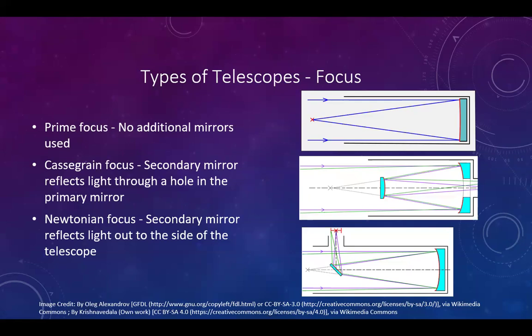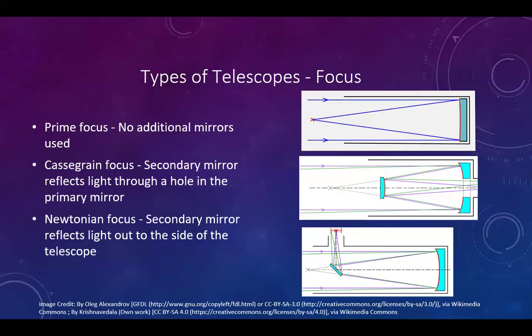So much more common are things like a Cassegrain focus, where there's a secondary mirror here, and it bounces the light back through a hole in the primary mirror. And so the light comes out back. And then you can put all your detectors and stuff behind your telescope in a convenient location.